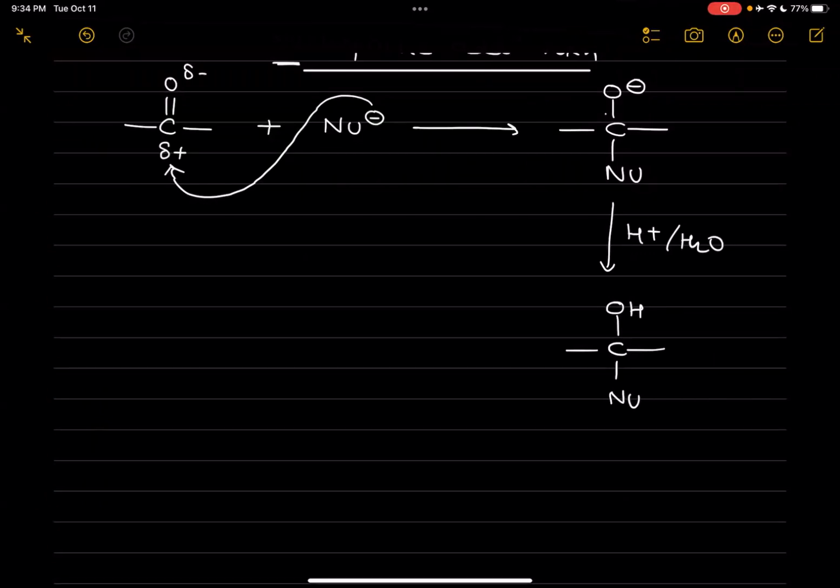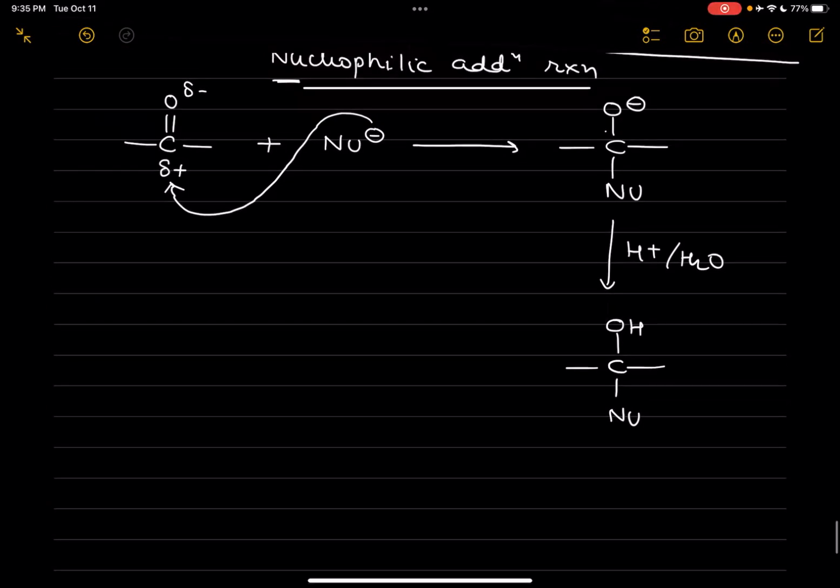Are you aware of any nucleophilic addition reactions? Tell me. On aldehydes and ketones, the addition of HCN, the formation of cyanohydrins, and the addition of hydrogen sulfide. The formation of alcohols by Grignard reagents, and reaction with alcohol.